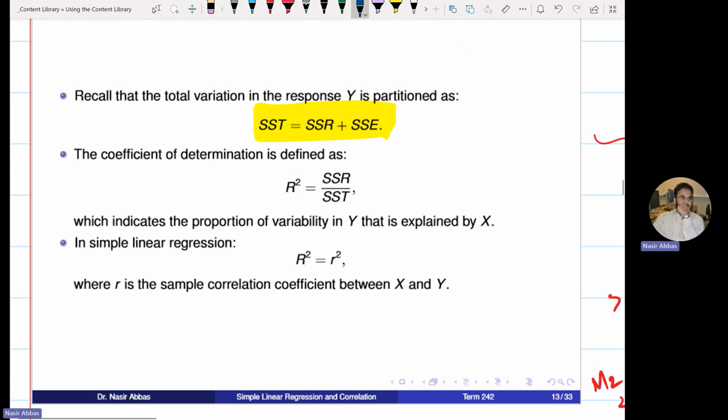Error will be all of it and SSR will be 0. No variation explained by your regression. Everything went to the error. Very, very bad regression. And if you have a very, very good regression, mathematical relationship, SSR will be the whole SST. SSE will be 0, right?